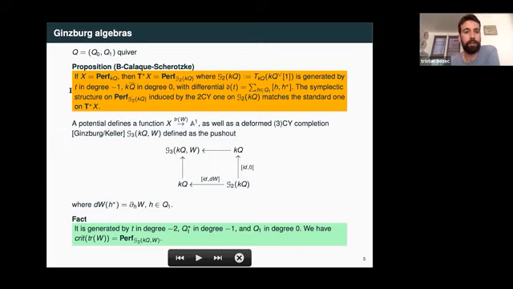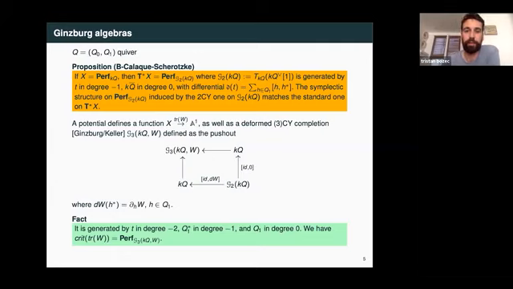It's generated in degree -1 by some variable t, that can be seen as a bunch of extra loops at each vertex, and in degree 0 by the doubled quiver, with the differential being this map which yields a moment map when you consider the representations.